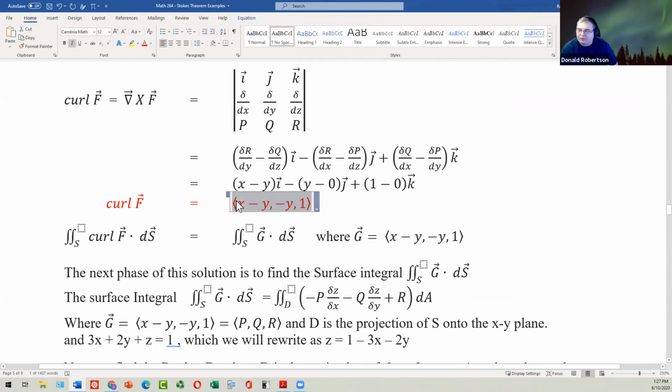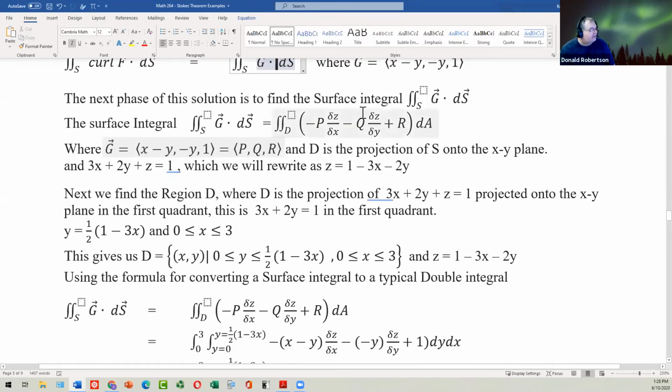You can look at these notes when you've got time. So, happy? Here's f, now I've got the curl of f. So that guy there, I'm going to call him g. So this surface integral can also be written as this surface integral, right? It's just convenience. So the line integral has now been converted into a surface integral, this one here.